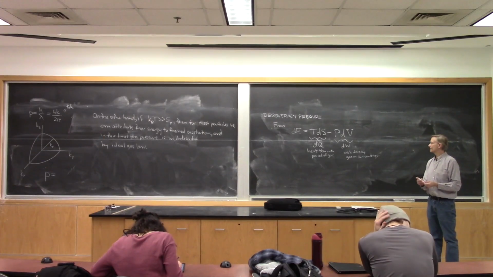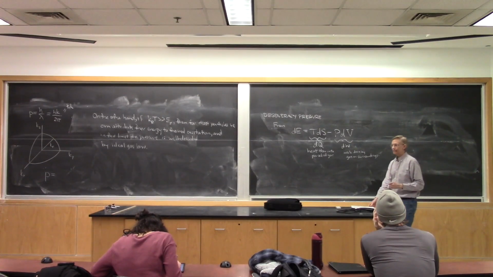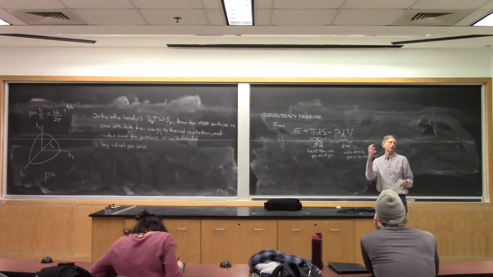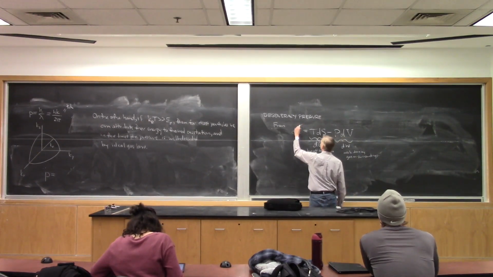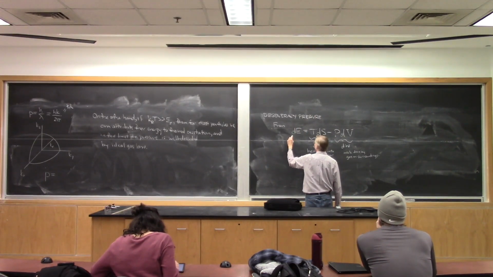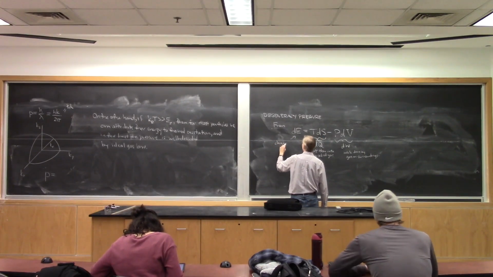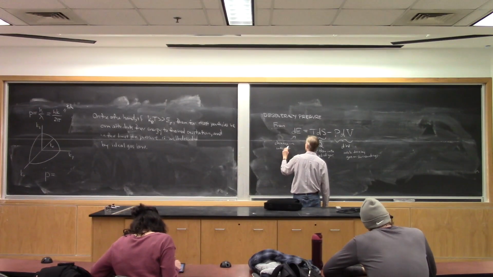And I'm calling it dE here, and sometimes it'll be called U, it depends on which book you're using. E is the internal energy, the internal thermal energy. So dE is the change in the internal energy.